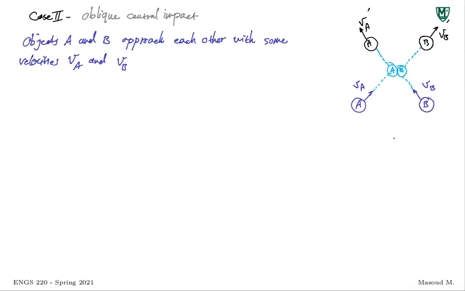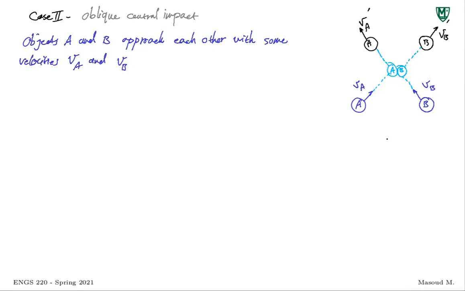Now, we have to define two things. The way we deal with this kind of central impact is that the forces they exert on each other during the impact are parallel to some line.